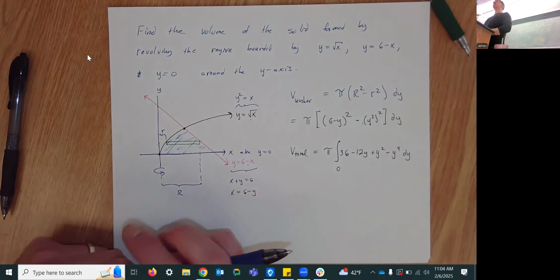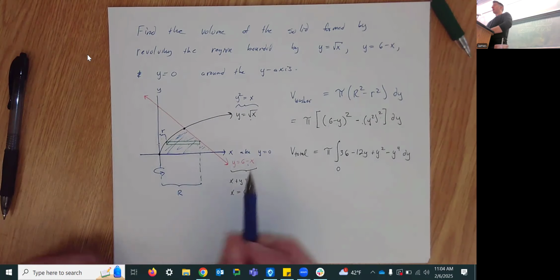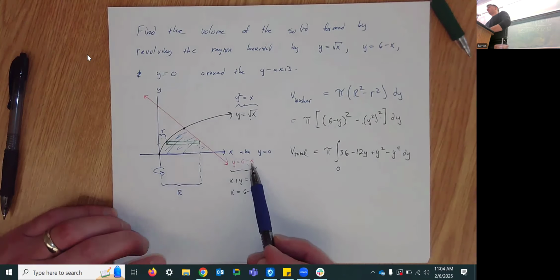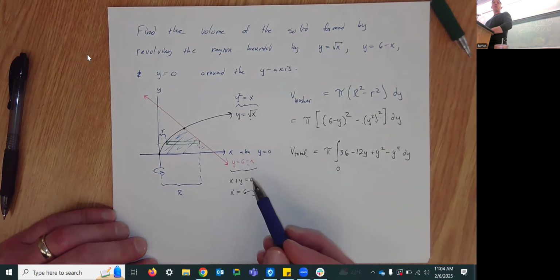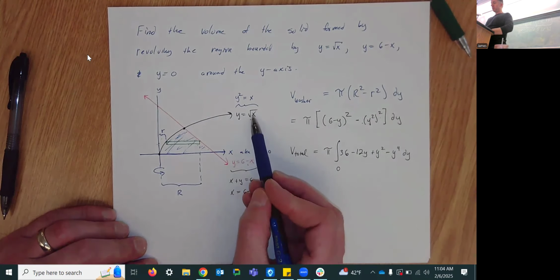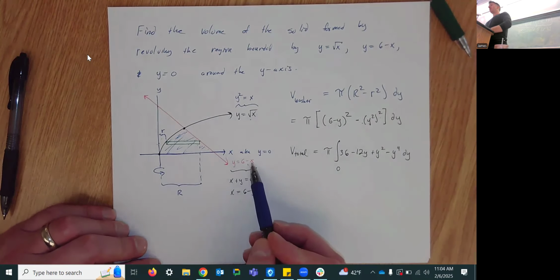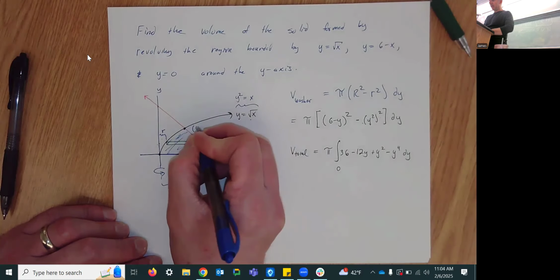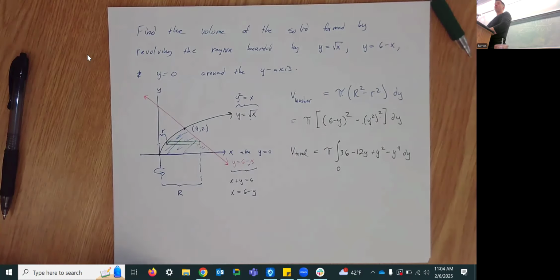Like things that are easy to take the square root of. If x is 0, y is 0, okay, it's not 0 obviously, but we start off, and then we try x equal to 1. The square root of 1 is 1, 6 minus 1 is 5. Okay, it's not 1. We try x equal to 4. The square root of 4 is 2. 6 minus 4 is, oh, it's also 2.